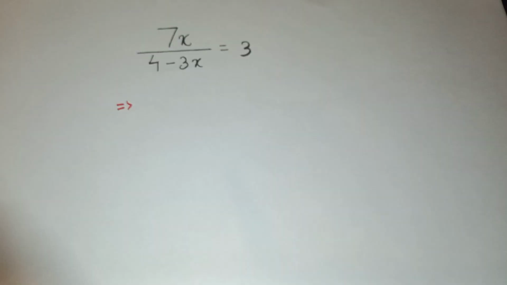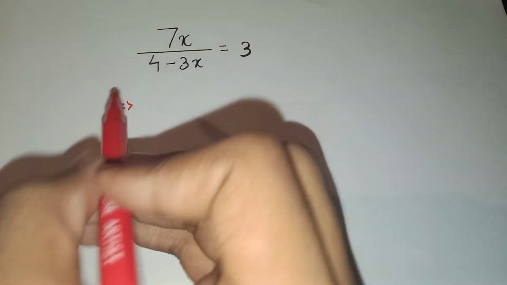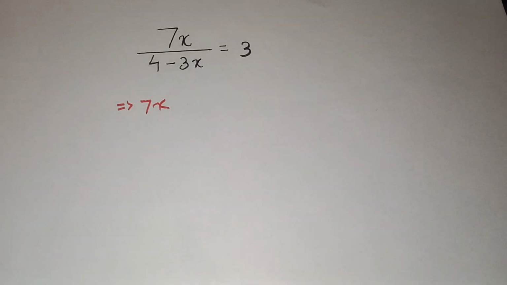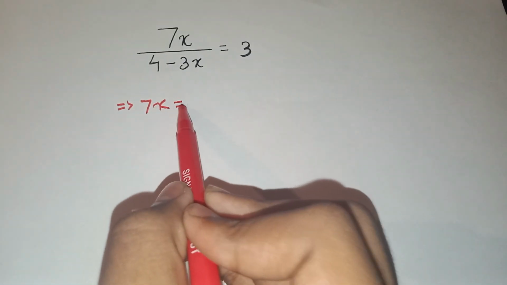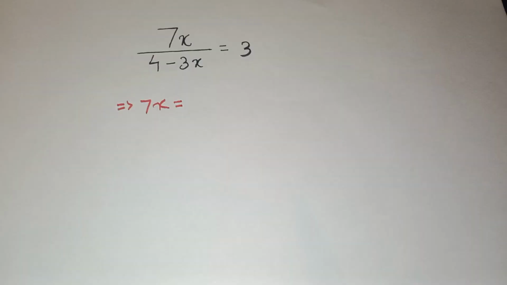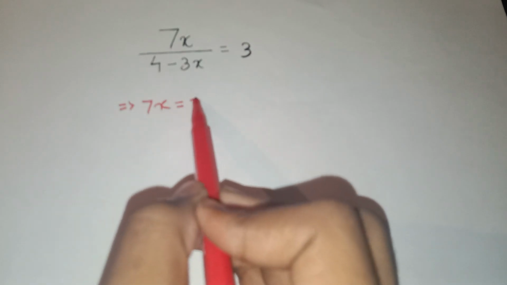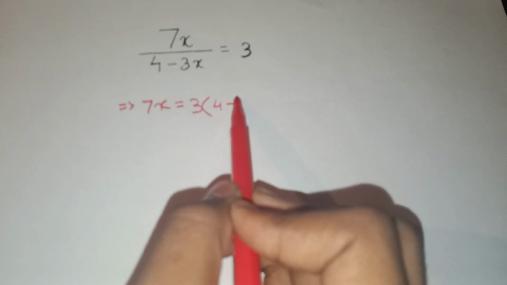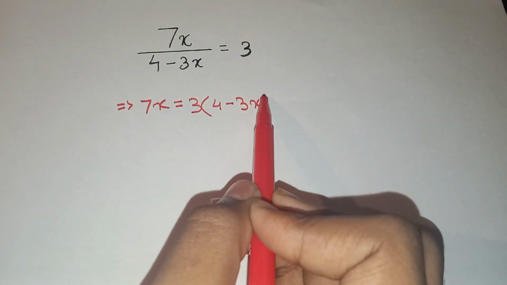Firstly, we will cross multiply it. 7x will be written as it is, equal to 3 multiplied by 4 minus 3x separately. So how will we multiply it separately? This 3 will be written as it is, times 4 minus 3x.